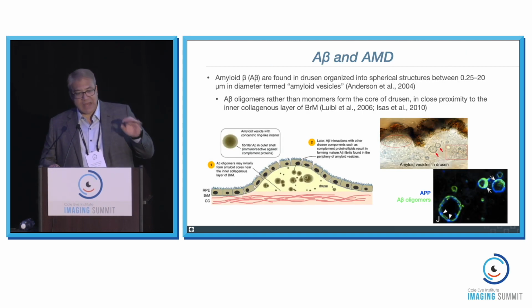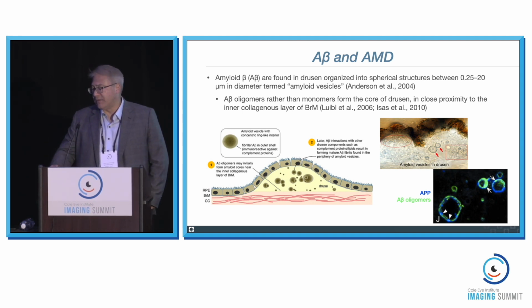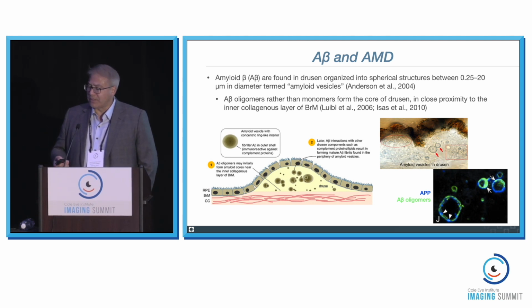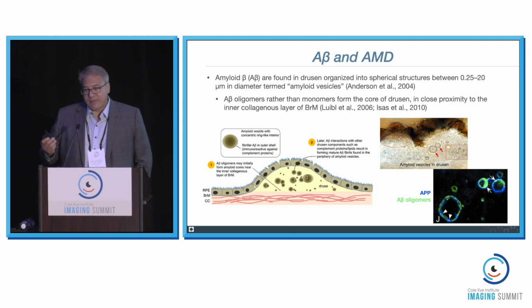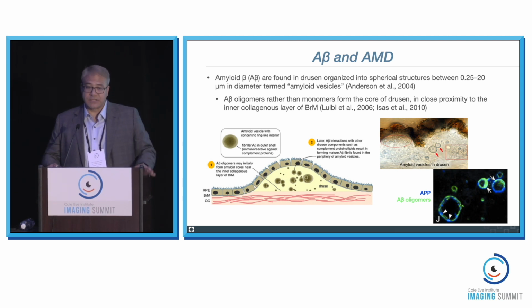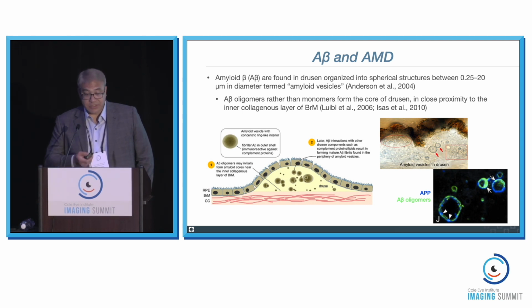If you look at Alzheimer's disease, and you understand some of the things that are going on in Alzheimer's disease, in particular with the beta amyloid oligomers being the main source of problems, there are so many parallels with dry macular degeneration, it's actually kind of scary. If you look at drusen, for instance, there are collections of beta amyloid oligomers, and it can be stained as shown in the slide here.